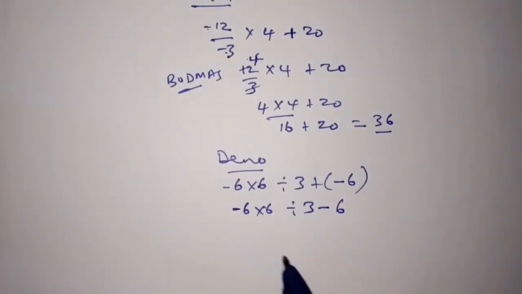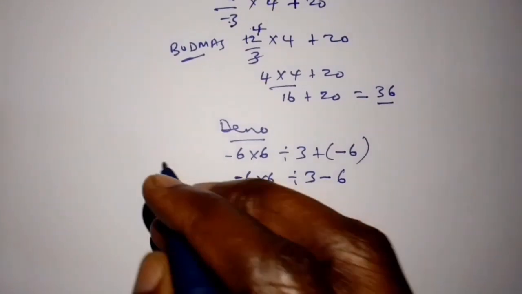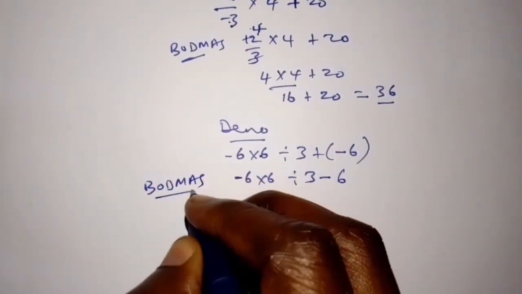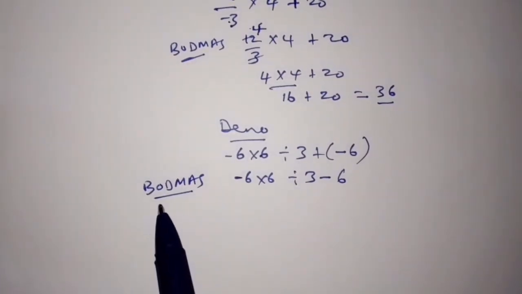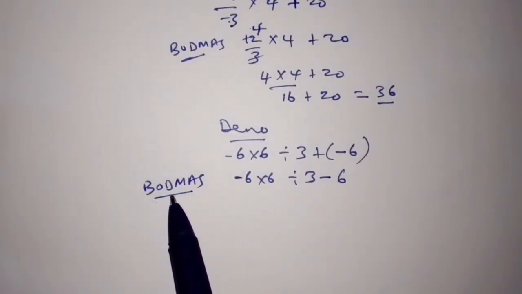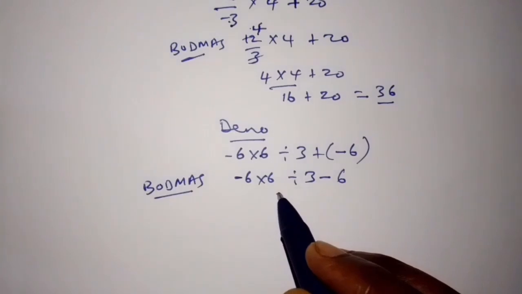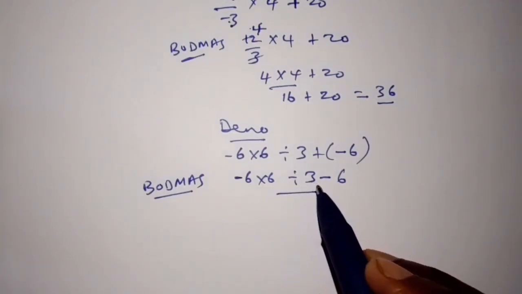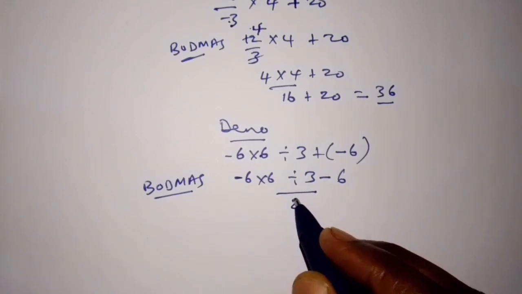Then we apply BODMAS: bracket, division, multiplication. So this is division. 6 divided by 3 is 2.